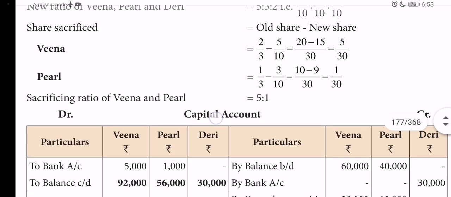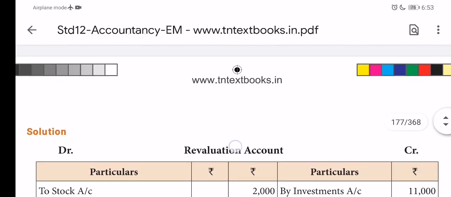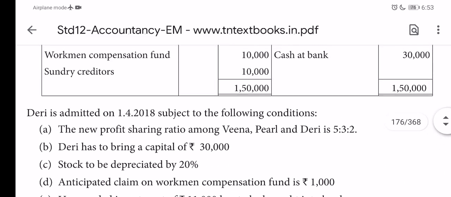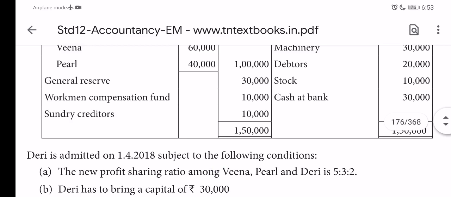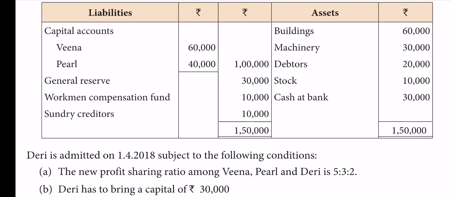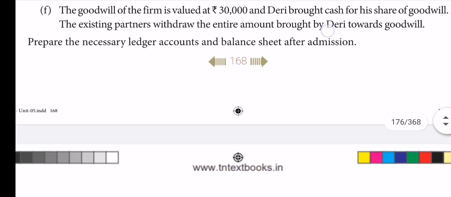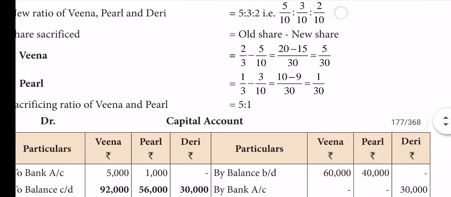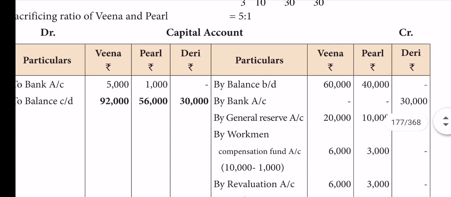Then next, what are the balance sheet adjustments we saw already? The general reserve, we will share it. It is 30,000, shared 2/3 and 1/3 automatically, 20,000 and 10,000. Post it in the capital account: by general reserve 20,000 and 10,000.